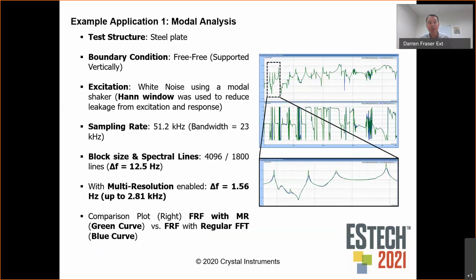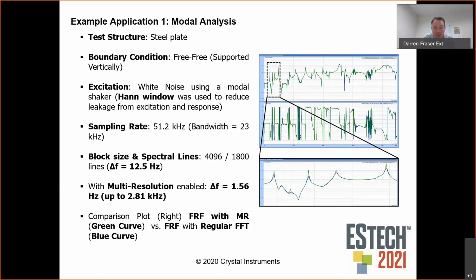With multi-resolution enabled, we could get the lower portion, that is 2.1 kilohertz or 2.8 kilohertz and below, down to a spectral resolution of 1.56 hertz. So much better than the 12.5 hertz we originally started with.